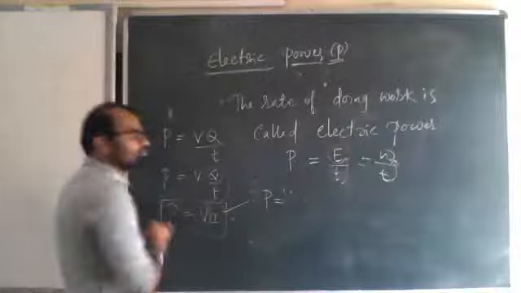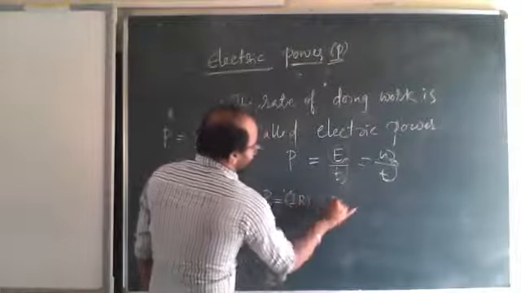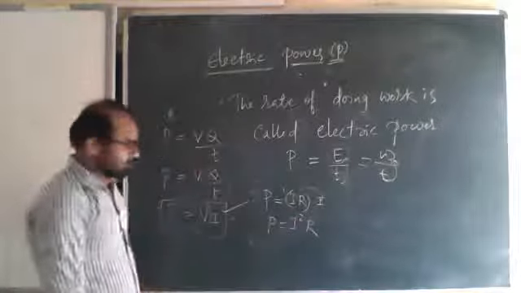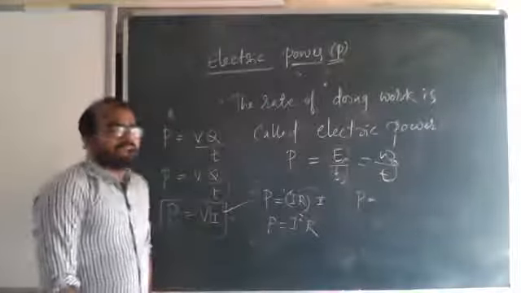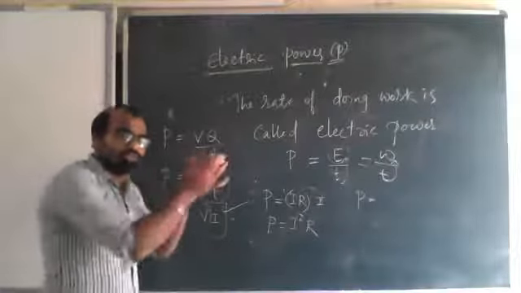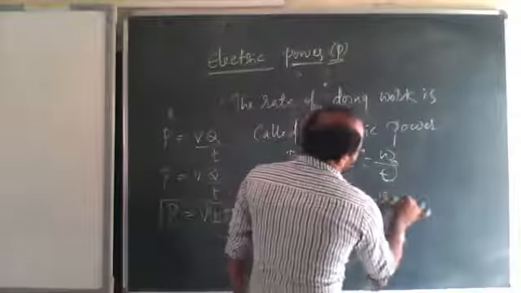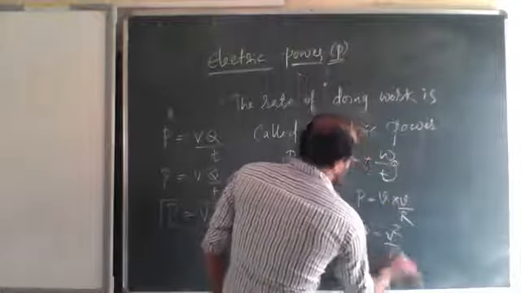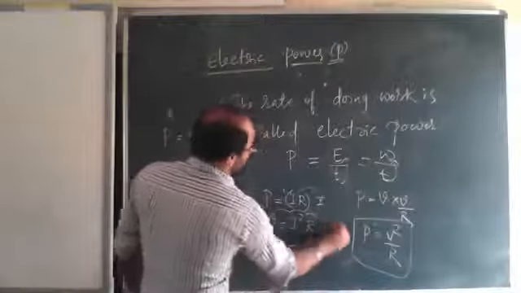In place of V, I can put IR from Ohm's law, so I into IR gives P equal to I square R. In the same way, in place of I, I can put V by R from Ohm's law: V equal to IR, so I is equal to V by R. So V into V by R gives P equal to V square by R. So these are the three formulas you have to remember.